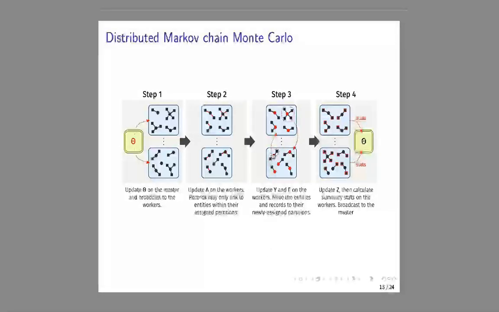So for example, if there's a mistake here, it can move here. And now we update Z, the distortion indicators. We calculate summary statistics on the workers and we update the master. So now you can see there are things resolved across the partitions. Then we repeat this process all over again until we reach some sort of convergence, or convergence in quotations.